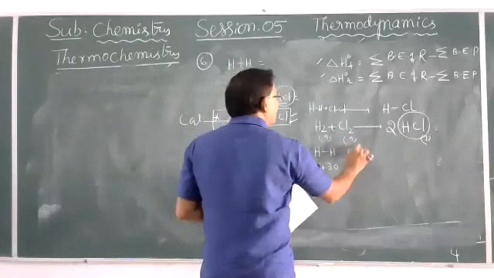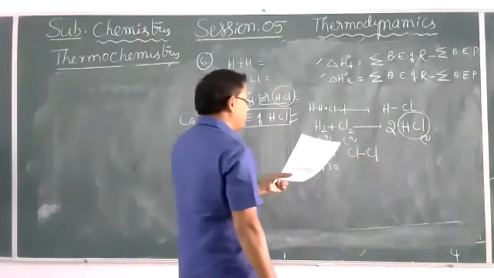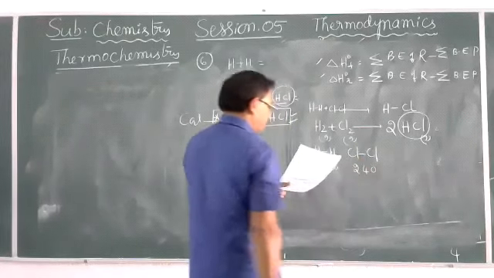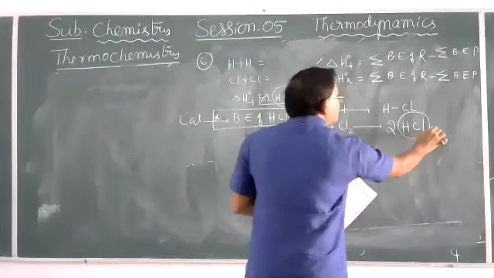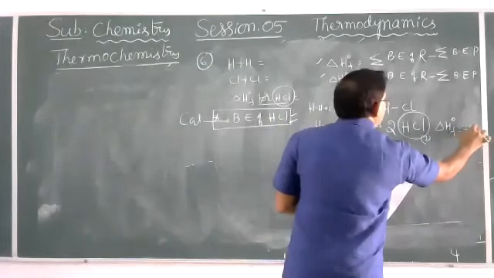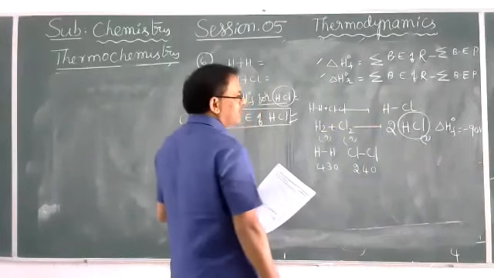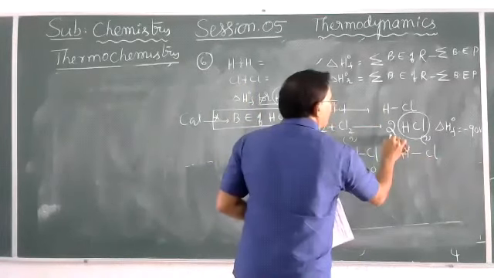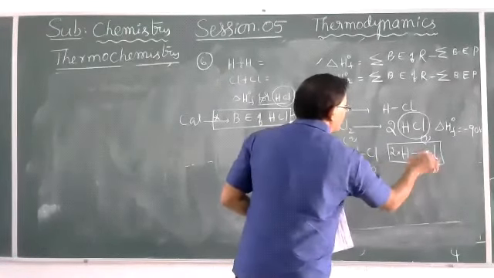To break Cl–Cl, the value given is 240 kilojoules. And while forming HCl, this value is minus 90 kilojoules. We want H–Cl, but here 2 are given, so we divide the answer by 2.